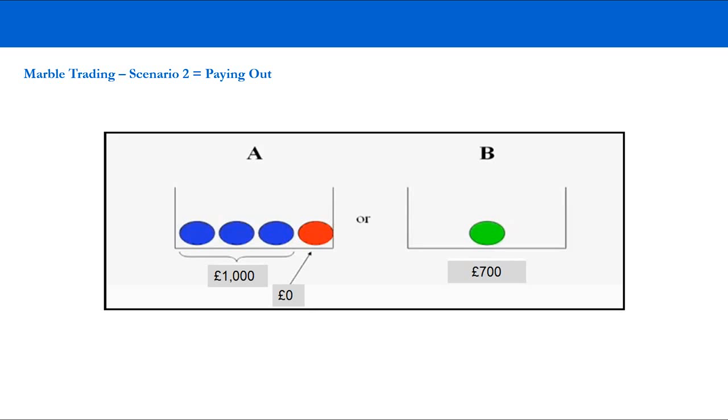So blue marble, you pay me 1,000. Red marble, you pay me nothing. Green marble, you have to pay me 700.